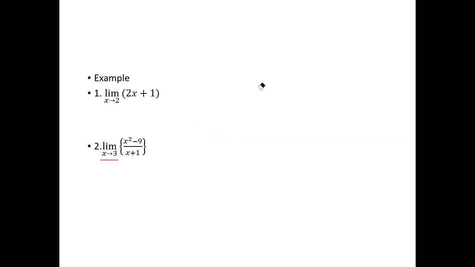So for this first question, per the rules, we are going to get the limit of what? The numerator function, which is x squared minus 9 as x approaches 3, over the limit of what? x plus 1 as x approaches what? 3.